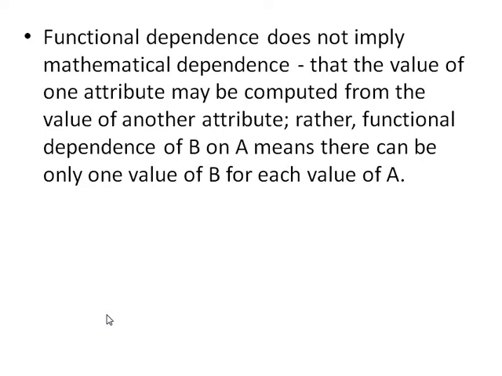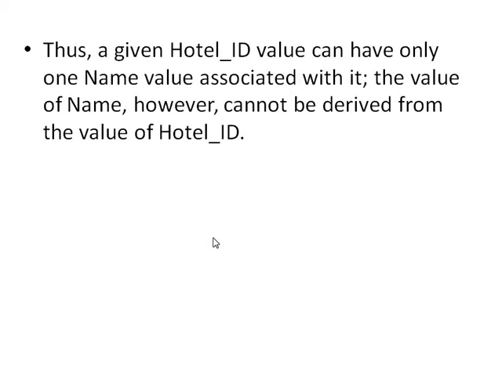So what is it actually then? It is that the value of B is dependent on each value of A. That means each value of B is dependent on each value of A. Thus, a given hotel ID value can have only one name value associated with it.